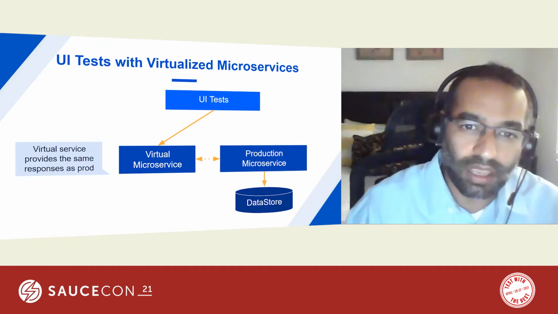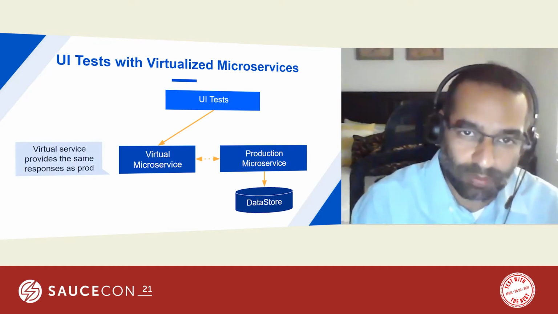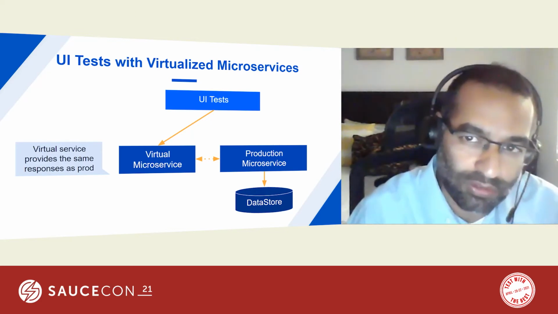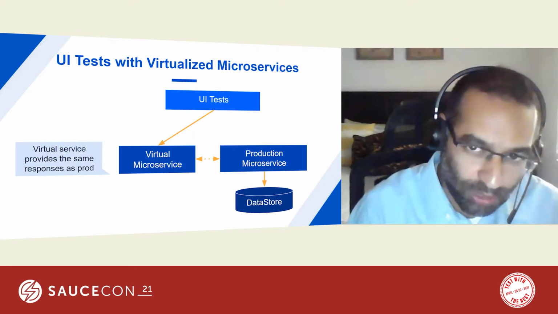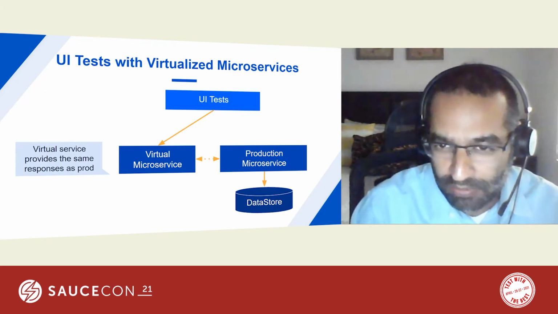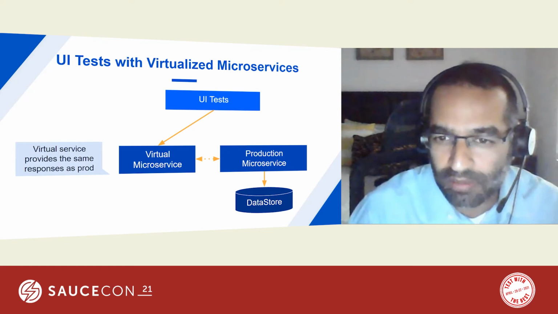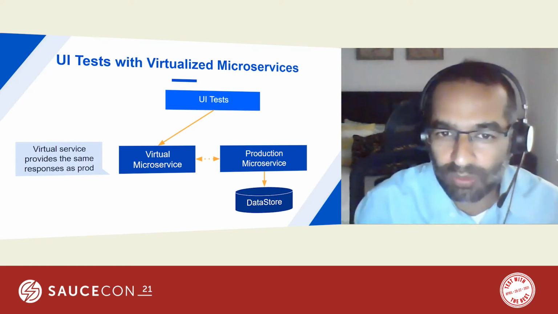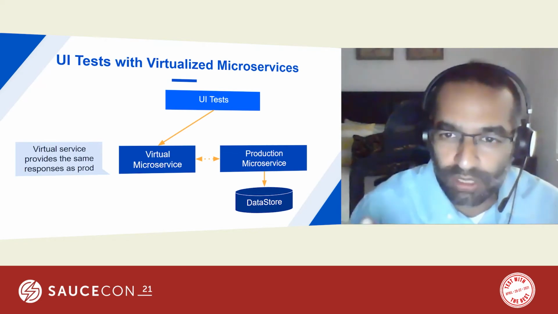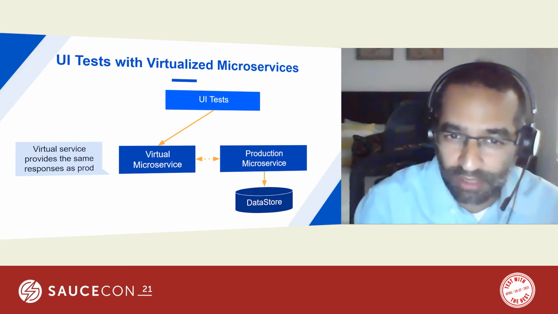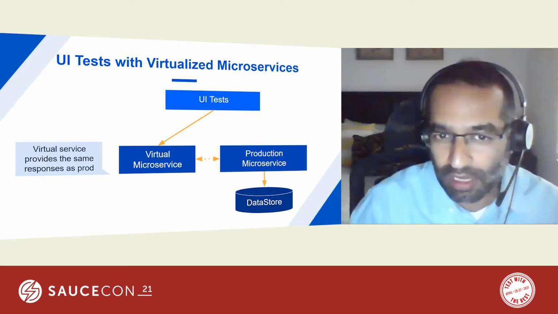And how do you implement that concept of virtualization in UI testing? As you see here, on the right-hand side you have the production API, which communicates with your data store. What you do is create a virtual service that is like a mirror of your production API, and this virtual service provides exactly the same responses as the production API.